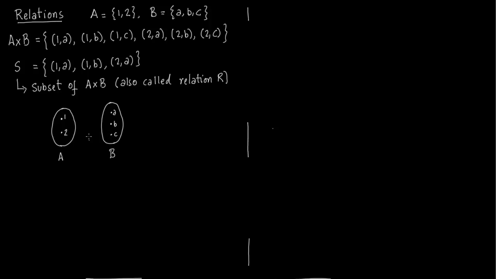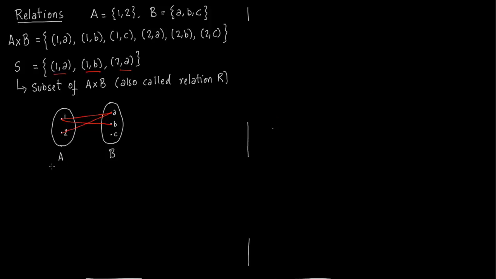So now I will draw the relations. So first is (1, a), the first element of the set S. Second is (1, b). Third is (2, a). That is (1, a), (1, b), (2, a).